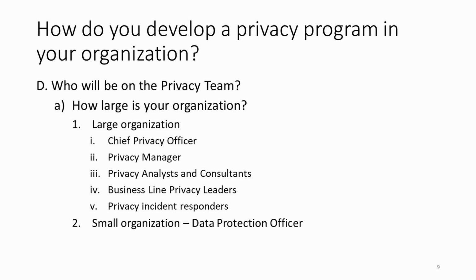They will be reporting to privacy analysts and consultants who might have more experience and will be able to give more advice. And all of these privacy analysts and consultants might report to a privacy manager who would have general coverage of a larger space within your organization.